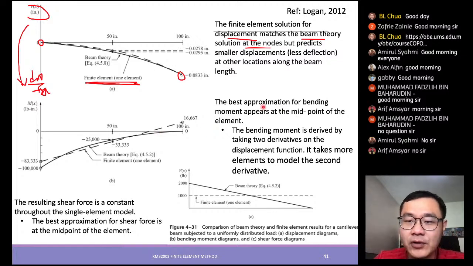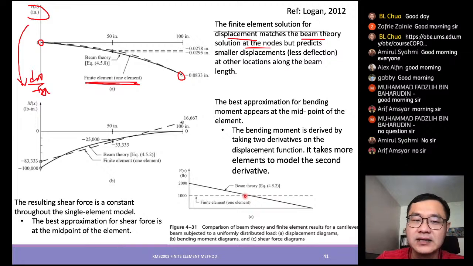Now the best approximation for the bending moment would be at the midpoint of the element. If we further differentiate this moment to get the shear force, we will get a constant. Again, the best approximation point would be at the midpoint of the element.